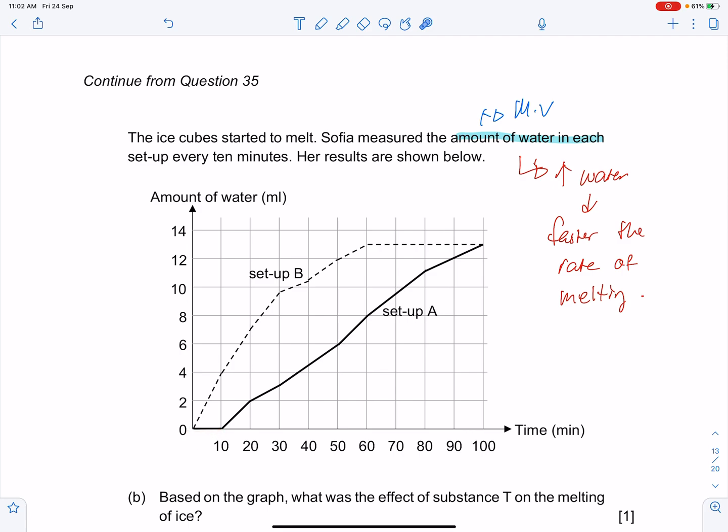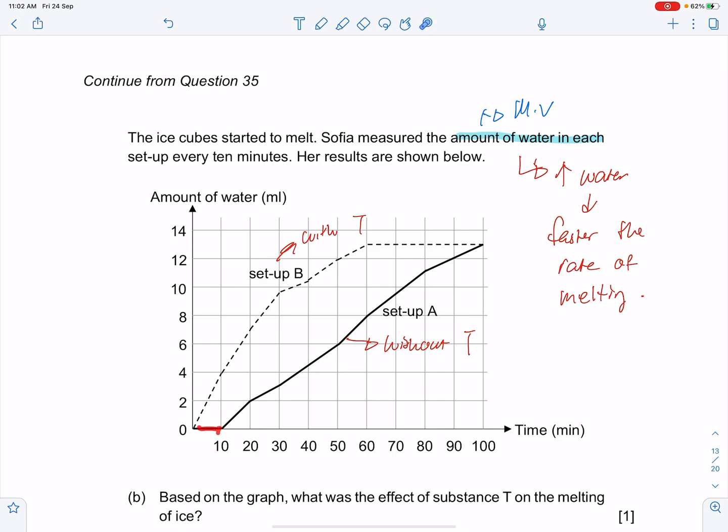So for setup A, the amount of water only started collection at 10 minutes later. This is without T. So in the exam, you can annotate like that with T, so it's easier for you to look.